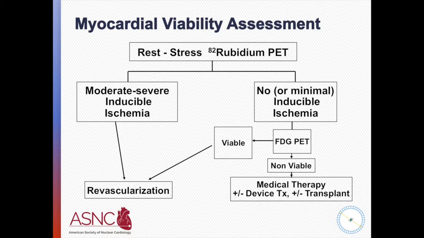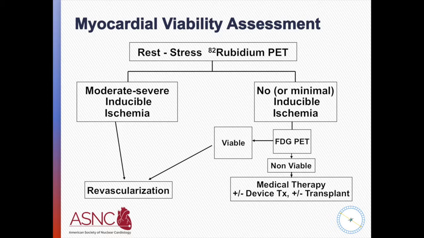If there is moderate to severe inducible ischemia present in the myocardial region of interest, particularly if resting myocardial blood flow is relatively preserved, then this finding implies the presence of significant myocardial viability and ischemia and strongly predicts benefit from myocardial revascularization. So these patients will simply stop here, not perform the FDG portion of the study, and tell the referring physician that this patient has significant myocardial viability, has significant ischemia, and is very likely to benefit from revascularization.